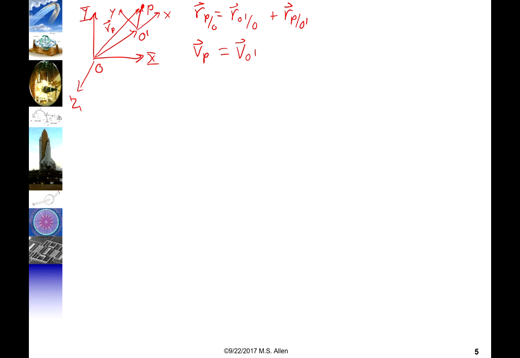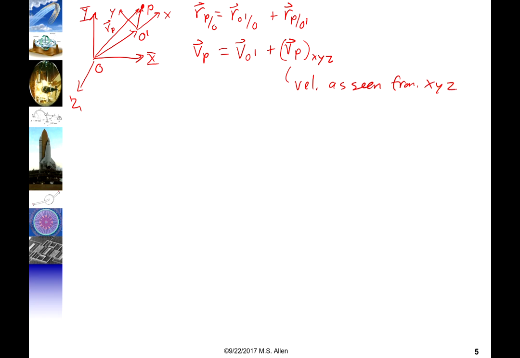But we said that our coordinate system there could rotate, so to take the derivative of this, we'll need to use the trick on the previous slide. So we have to have the derivative that we would see if we were sitting on the xyz frame. Ginzburg uses this to denote the velocity as seen from the xyz reference frame.